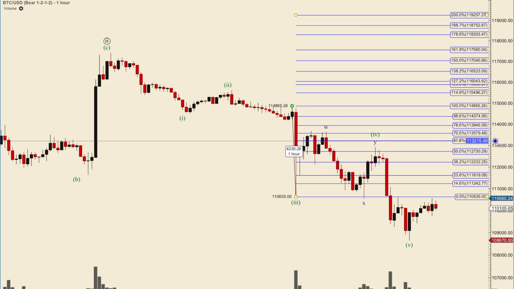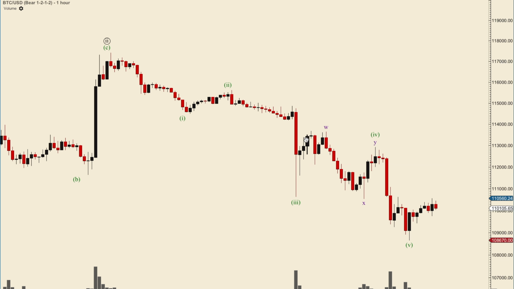So 61.8 is the target. We even hit 70. So this doesn't count well as an impulse either, because we need to have an impulse in wave 3. So then we need to have 1, 2, 1, 2, 3, 4, 5 somewhere hidden here, and so on. So it's very messy. It's not the cleanest impulse.